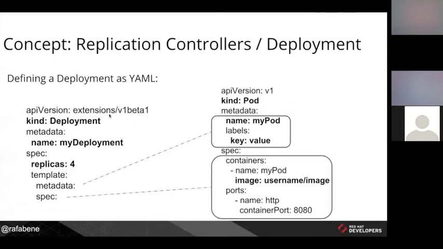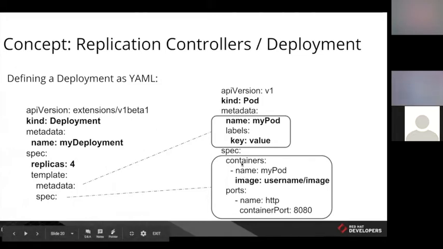So how do I define a deployment? I specify that the kind of object is a deployment. We can have a metadata with name and labels. And we specify the number of replicas and a template that will create the containers. So it will create 4 containers using a specification of the pod.